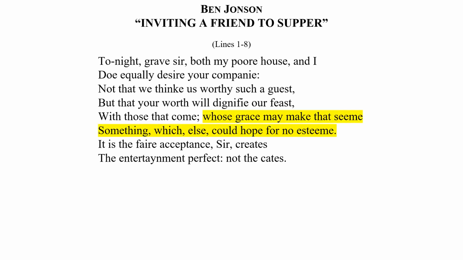All right, so again, this is a situation where maybe the old-timey spelling and the old-timey words can obscure meaning, and maybe some of these grammatical focuses will help us out. I want to focus on the highlighted portion here. This highlighted portion is saying, whose grace, your grace, good sir, your grace may make that seem something.